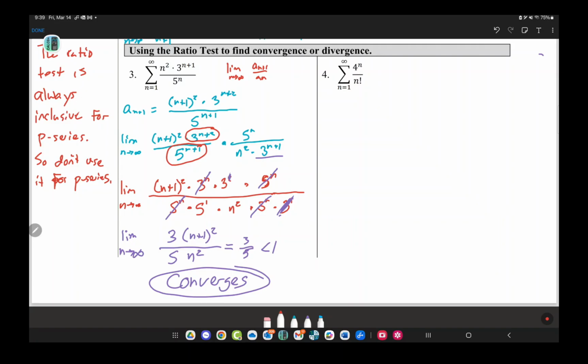Right. All right, so a of n plus 1 is what? 4 to the n plus 1 over n plus 1 factorial. Now, up top, we already showed what happens to n plus 1 factorial.